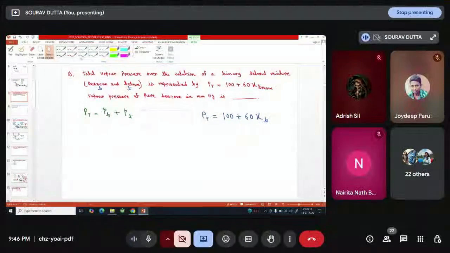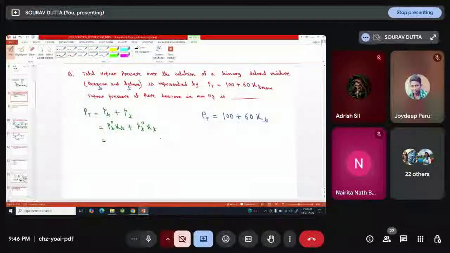Vapor pressure of benzene in the solution, PB, equals, according to Raoult's law, PB naught into XB, and for toluene PT naught into XT. Here XB is given, right?